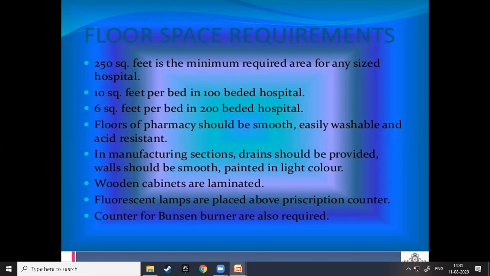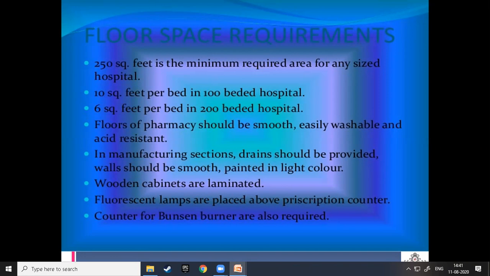Nowadays we can't see a Bunsen burner in the dispensing area, because all dosage forms are already made by manufacturing units or industries. They are giving very nicely packed, proper dosage forms of medicament that we can dispense to the patient.